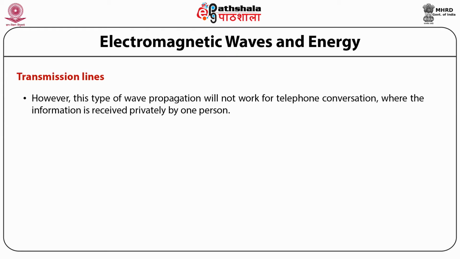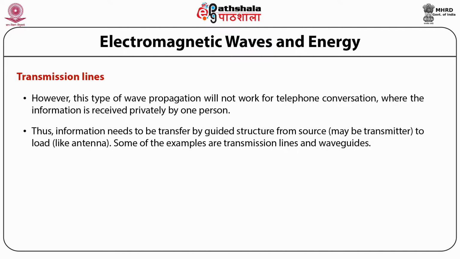However, this type of wave propagation will not work for telephone conversation, where the information is received privately by one person. Thus, information needs to be transferred by a guided structure from the source, maybe a transmitter, to the load like an antenna. Some examples are transmission lines and waveguides.